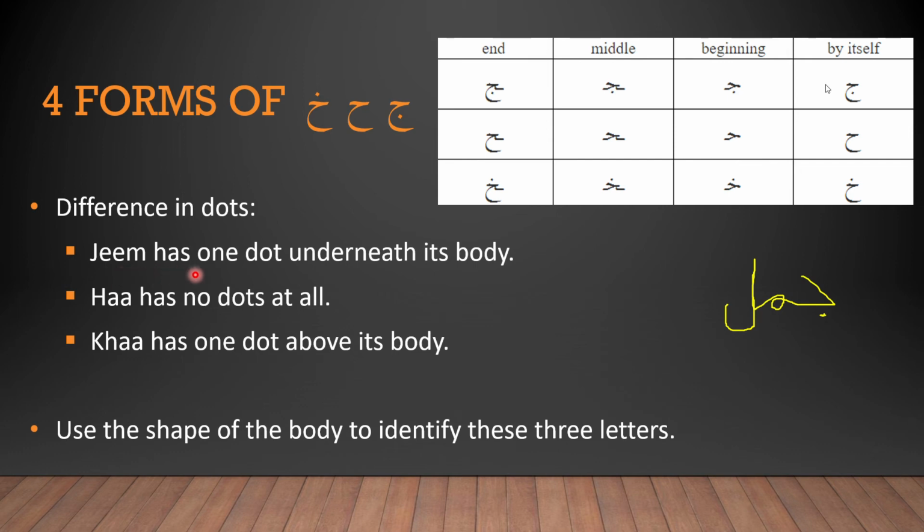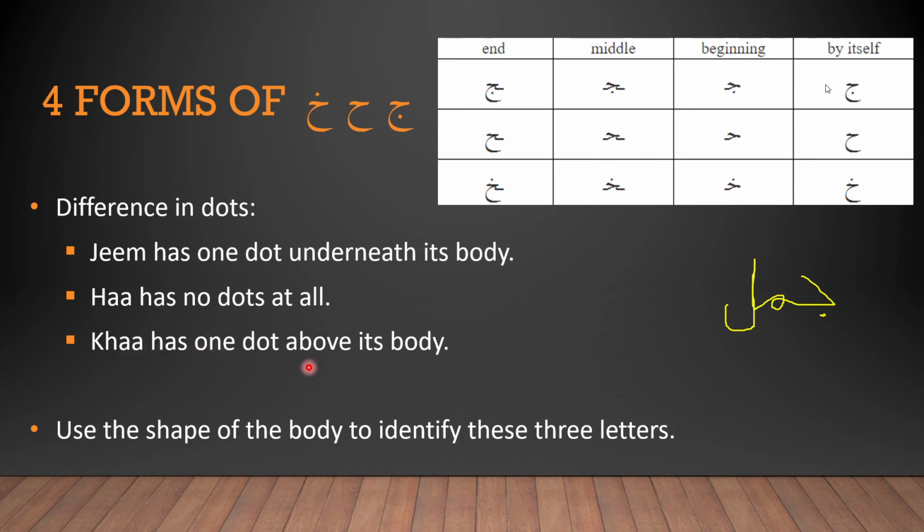Jeem has one dot underneath its body. We see that Jeem has one dot below it. KHaa has no dots at all. In fact, this is the hallmark of KHaa. If you see a letter that looks very like the Jeem and it has no dots in a sentence, then know that it's a KHaa.